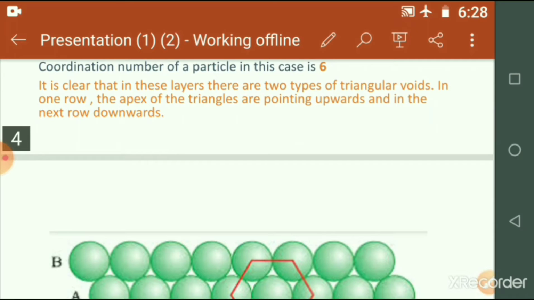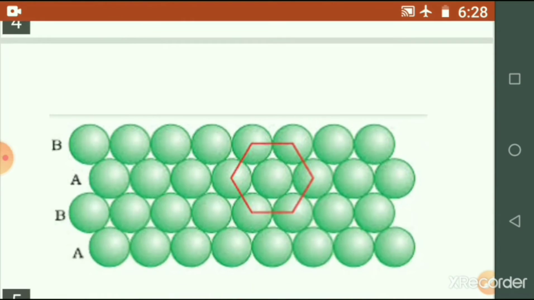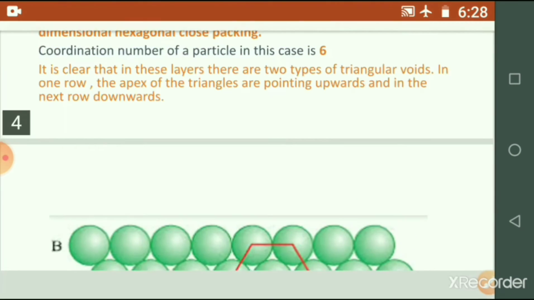Voids means empty space. In one row the apex of the triangles are pointing upwards, in the next row they are pointing downwards. This is in two-dimensional hexagonal close packing.